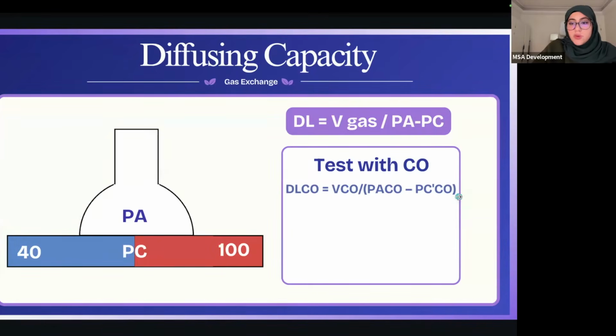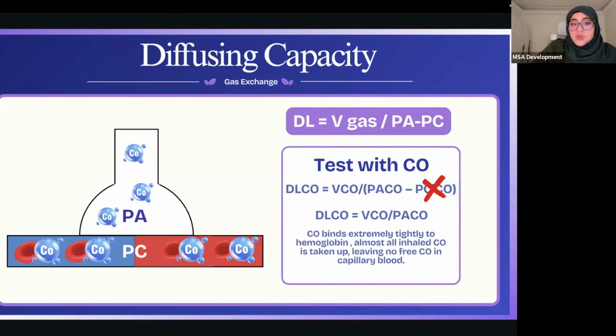We use CO. Why do we use carbon monoxide? The thing about carbon monoxide is that it gets taken up so quickly, because it has a really high binding potential for hemoglobin. It binds so well to hemoglobin that the pressure difference between here and here doesn't even exist, because the entirety of the carbon monoxide that you inhale will immediately bind to hemoglobin.